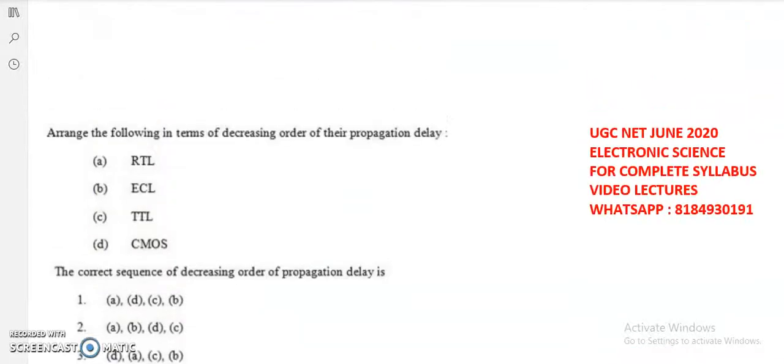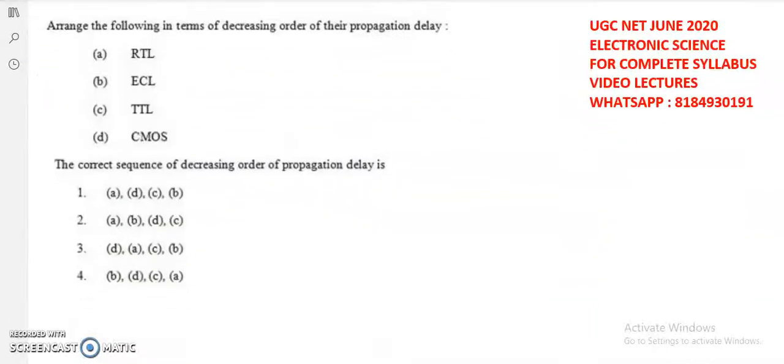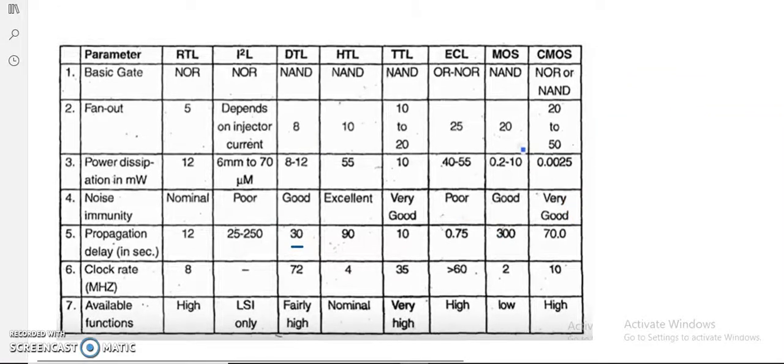Coming to the next question, it is the ninth question. Arrange the following in decreasing order of their propagation delays. Decreasing order means the starting one must have the highest propagation delay. So coming back to this same table, we see the propagation delays in descending order.